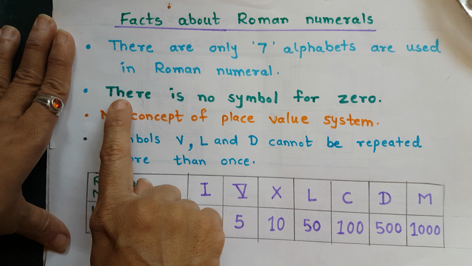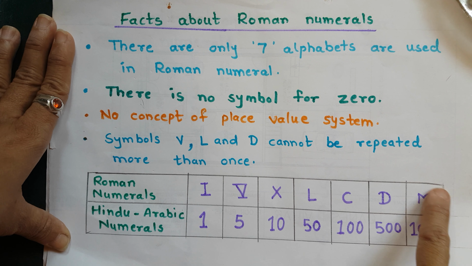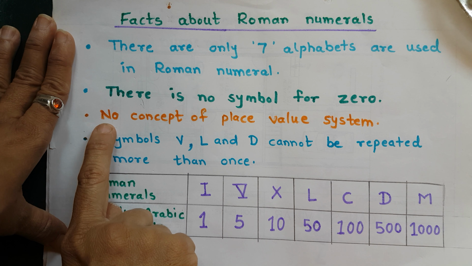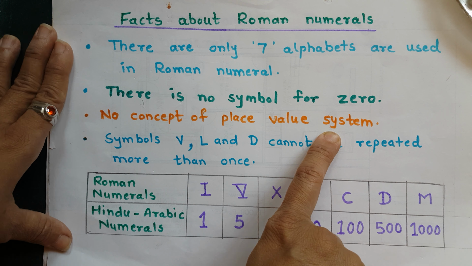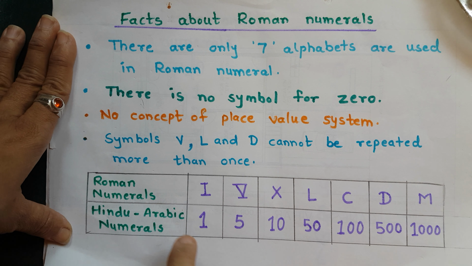The second fact is there is no symbol for 0. If you see in this chart, there is no letter or symbol for the 0. Next fact is no concept of place value system. There is no concept of place value system in Roman numeral.